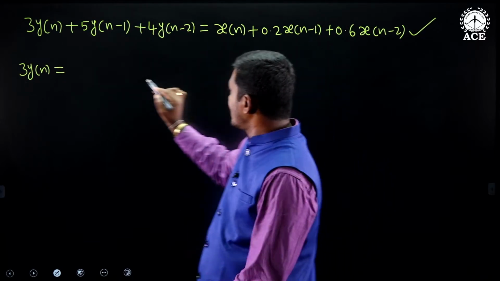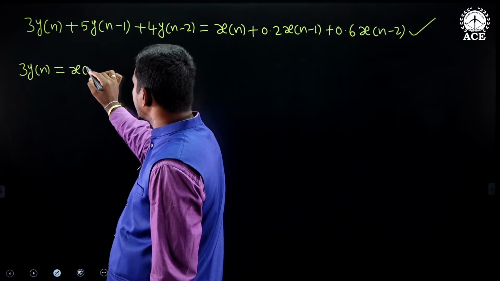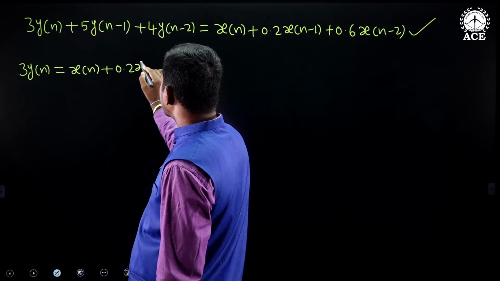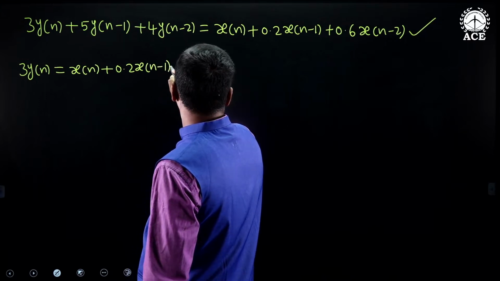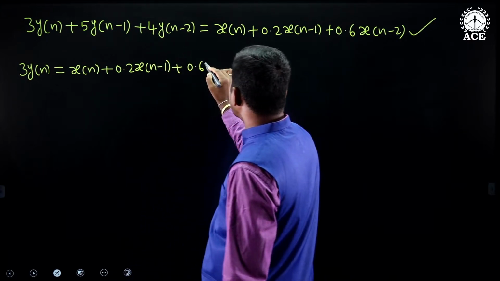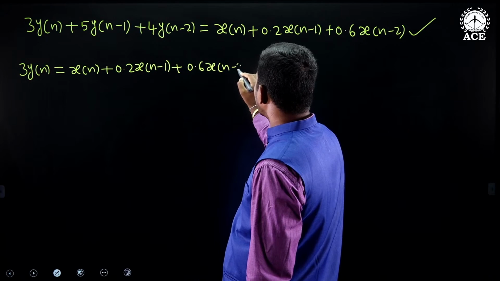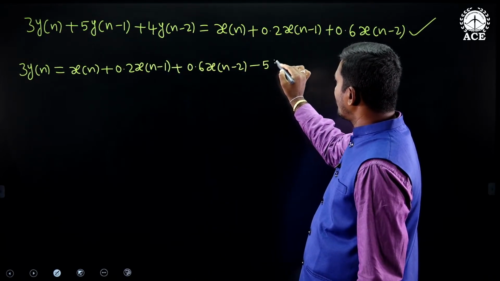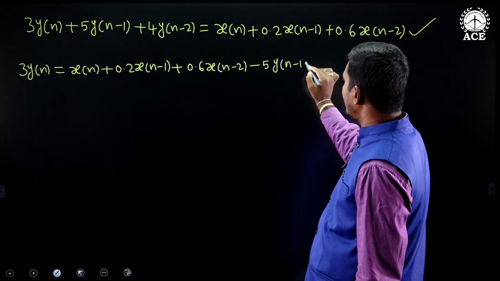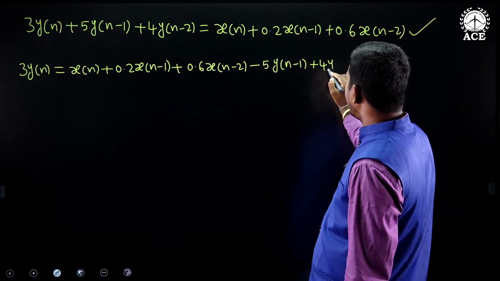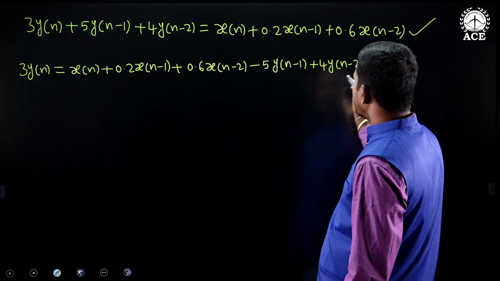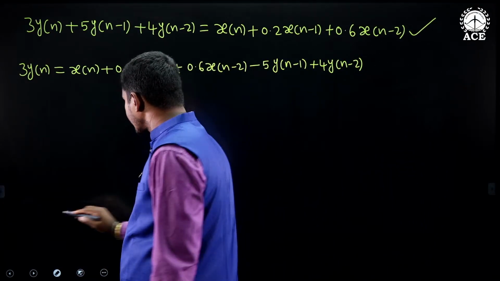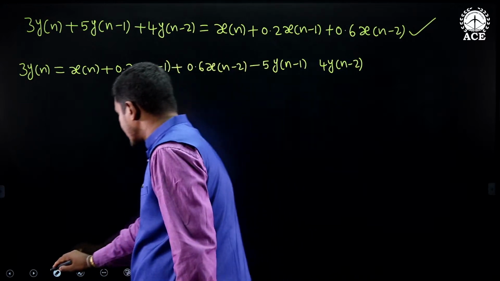These are the x terms; write them as it is: x of n plus 0.2 x of n minus 1 plus 0.6 x of n minus 2. Send the y terms to this side: minus 5 y of n minus 1, and here also minus 4 y of n minus 2.